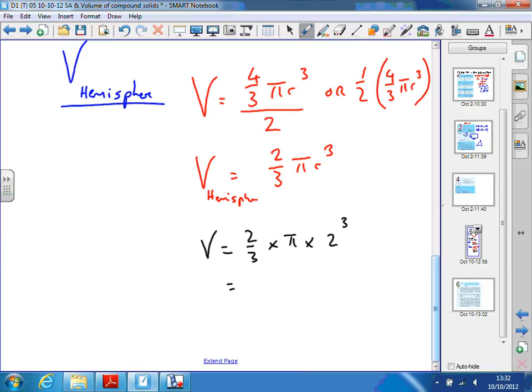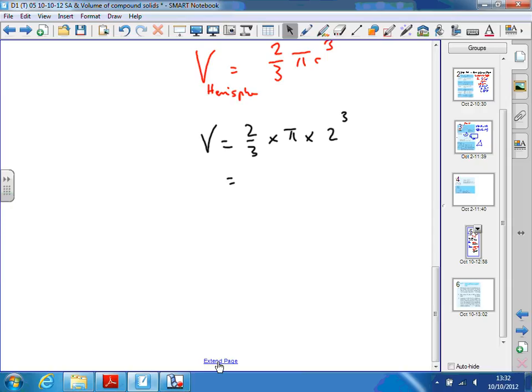And that would give me my volume. And then I would say the total volume equals the volume of the cone plus the volume of the hemisphere, and then I've got the answer.